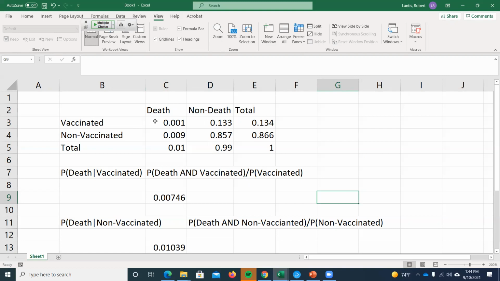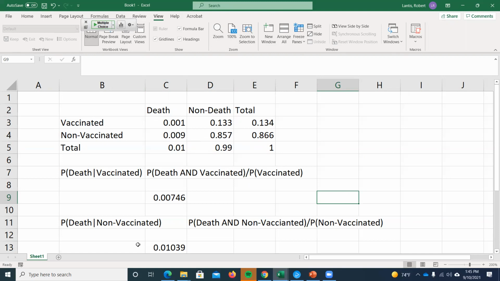So all these probabilities could come from an original data set. I'd have to go through and count the number of people who were vaccinated and died, and then count the total number of observations. We've been talking about the COUNTIFS formula, and just the count function gives us the total number of observations.